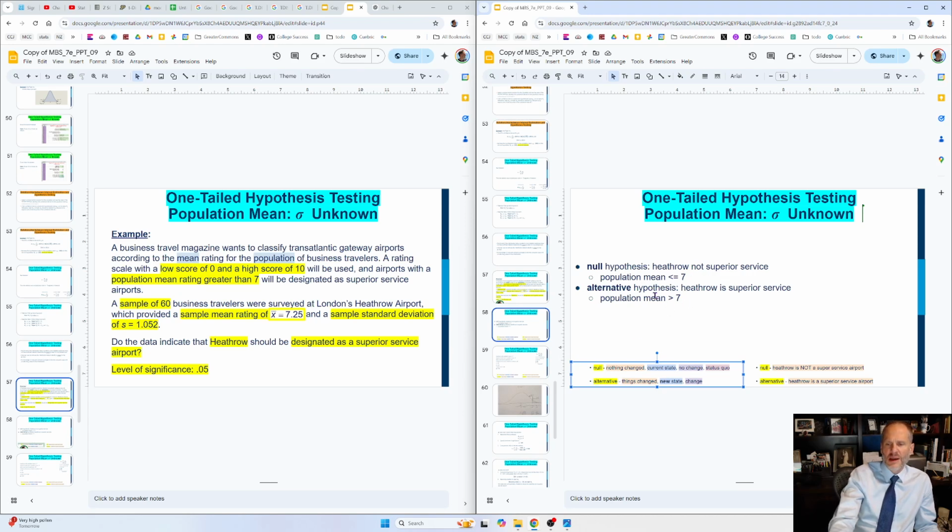And then the alternative hypothesis is the change. So this is our hypothesis statement. Now that we have it, we can start trying to solve this, using the framework, the formula, the mathematics that have been developed in statistics for solving a one-tailed hypothesis test for the population mean. We'll get to that in just a second.